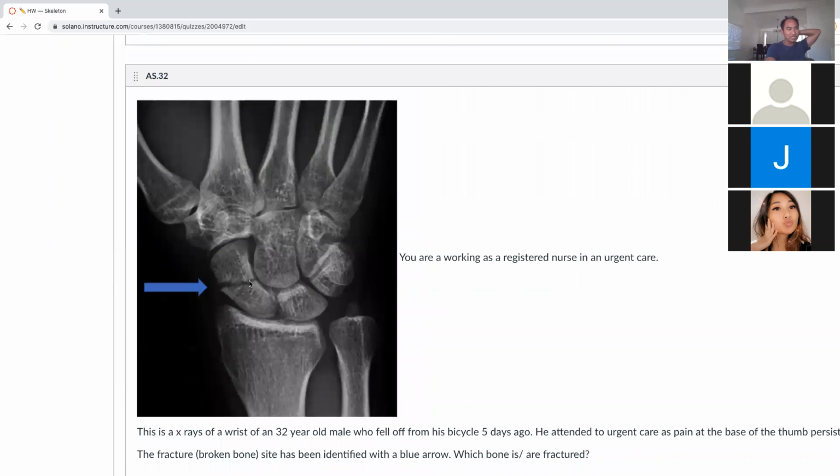Scaphoid, which is a boat shape, lunate, triquetrum, pisiform, trapezium, trapezoid, capitate, which looks like a head, capitis, the head, and hamate with a little hook here.